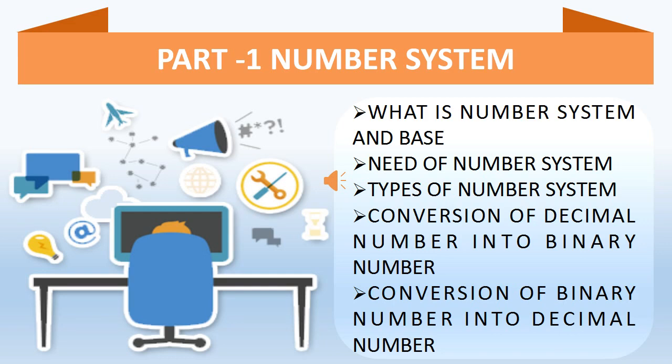We learned the base of these number systems and the digits contained within them. Conversion of decimal number system into binary number system and conversion of binary number into decimal number system. I hope you must have understood the base.